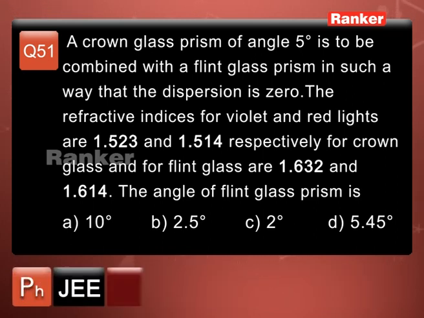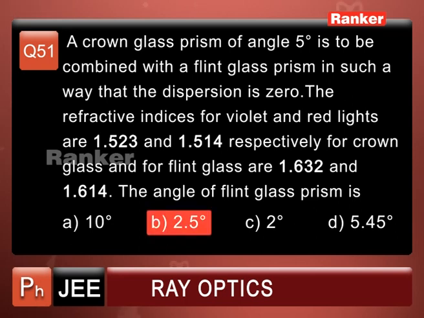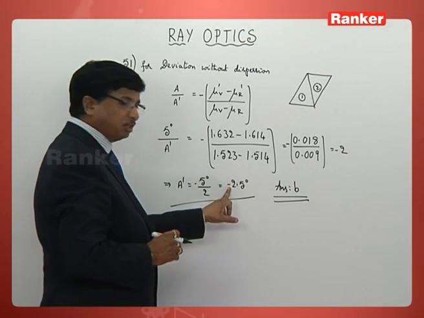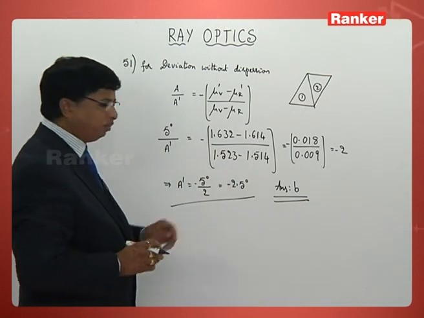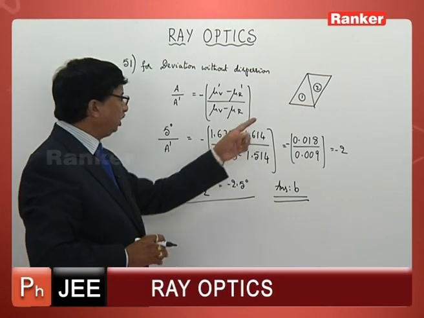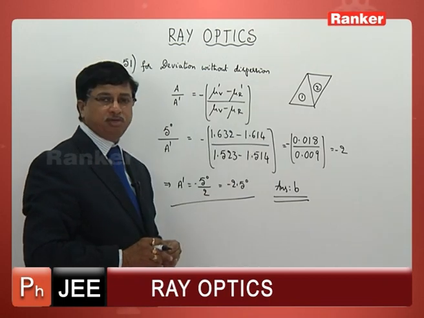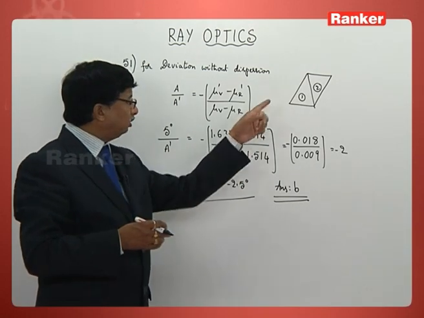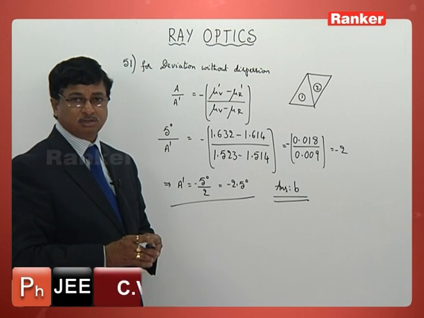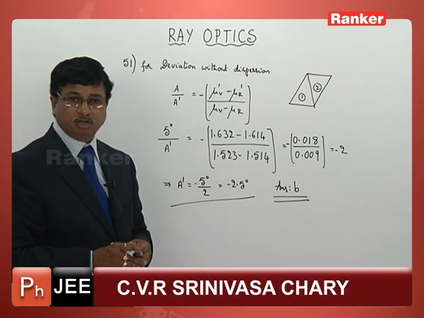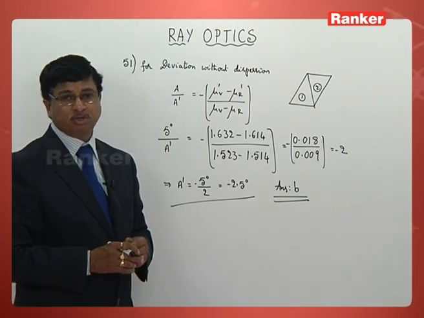So what is the correct option now? It should be the second option. That is the correct one. But I repeat once again, this negative sign doesn't officially come into the picture. It only tells you that you have to attach the prisms in the reverse order. That is the concept. So this is problem number 51, one of the best models we have here.